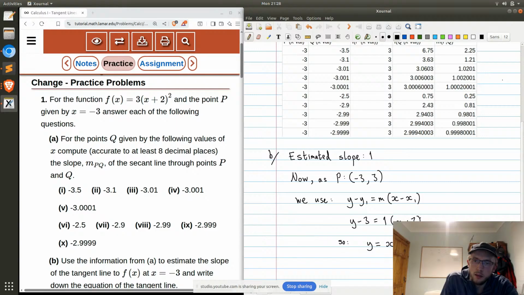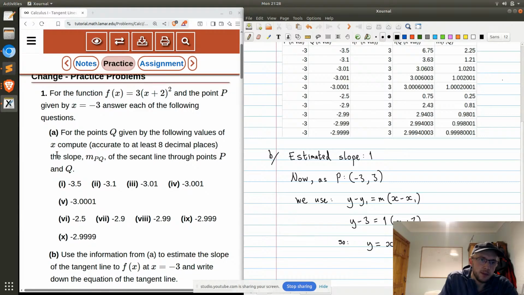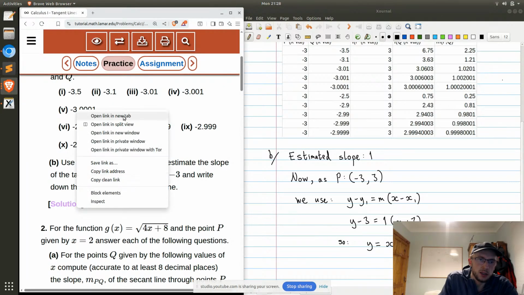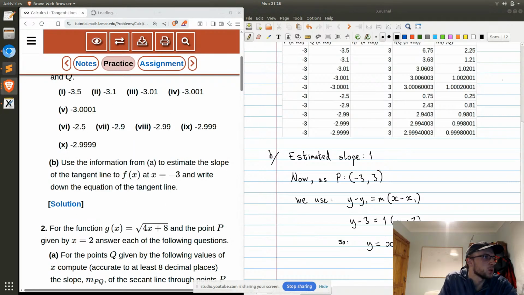So that's 3, and then we have to add 3 to both sides, so y equals x plus 6. So that's my answer to question 1.